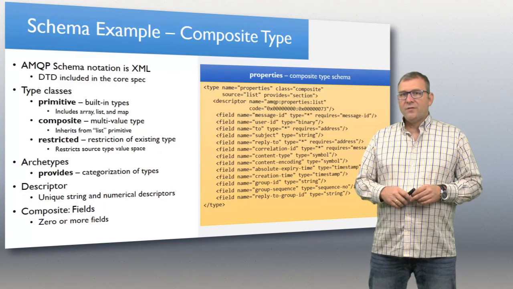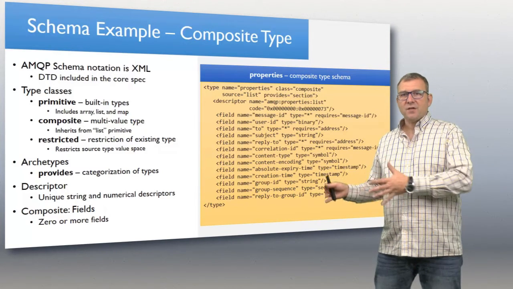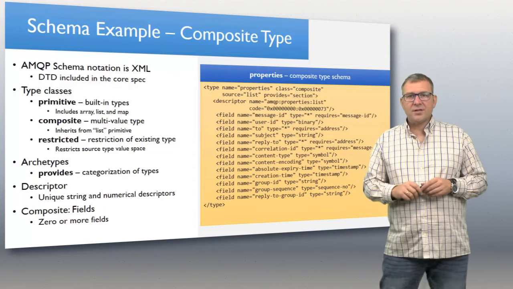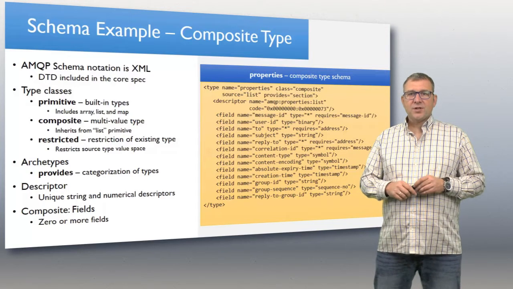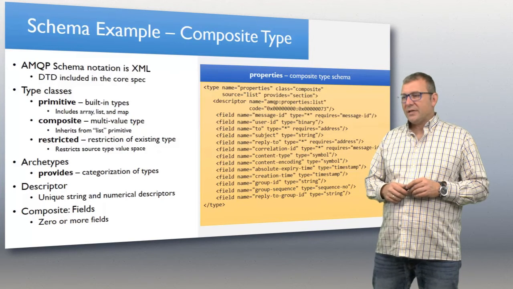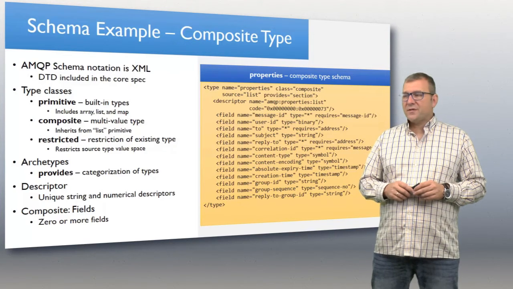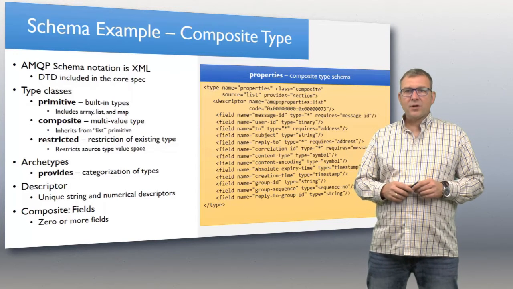For messages, there are types that describe the sections of the messages. The archetype, the provides attribute that's here, basically says this is a section of a message, so you can identify those types more easily. The descriptor is also part of the type definition. That gives you a string you can identify that type with, and also a number.